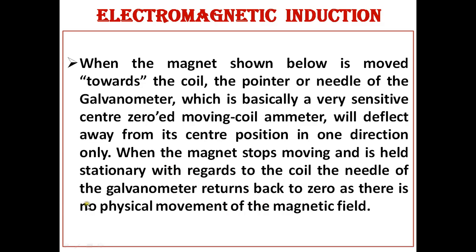Here the term we are using is stationary. Stationary means fixed, not moving. So when the magnet stops moving and is held stationary with regards to the coil, the needle of the galvanometer returns back to zero, as there is no physical movement of the magnetic field.